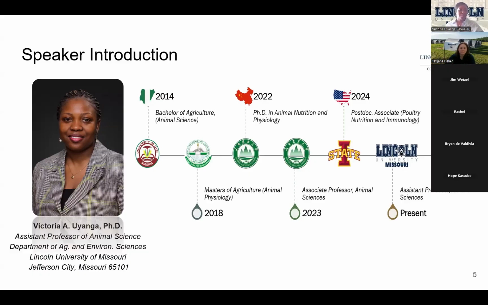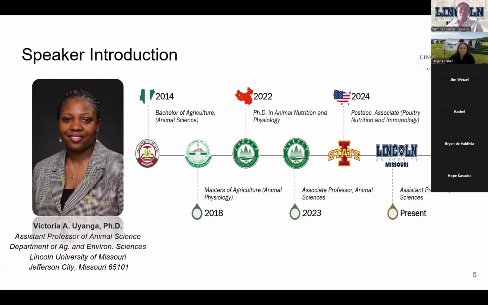I came in as an international scholar, and I've been at Lincoln since October of 2024. I enjoy working with various poultry species. The chart here simply provides a timeline of my journey in the field of poultry science. And I think I've worked with poultry species for the last decade.